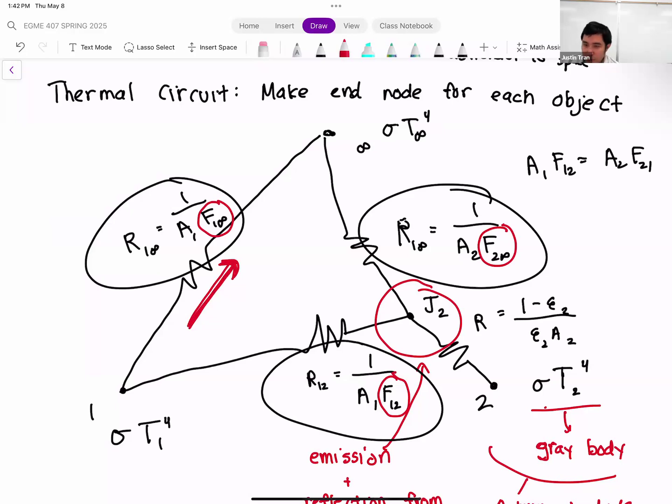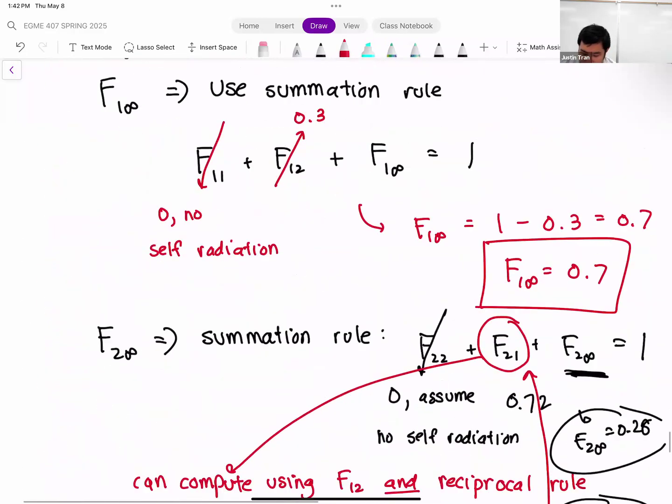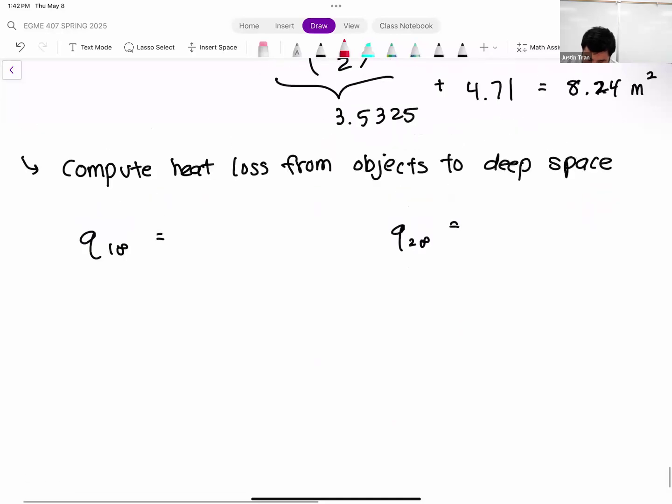So that's going to be sigma T1 to the 4th minus sigma T infinity to the 4th, divided by the resistance in between them, which is R1 infinity.